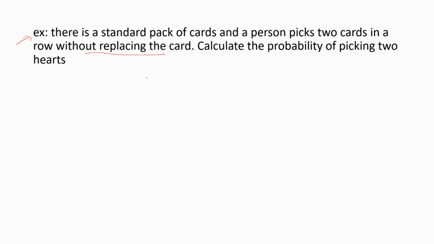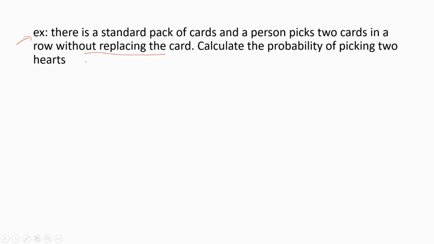Let's understand what is happening here. A person is picking a card from a pack of cards, but without replacing that first card, the person is again picking a card. So, the second time, there will be only 51 cards because the person is keeping the first card.